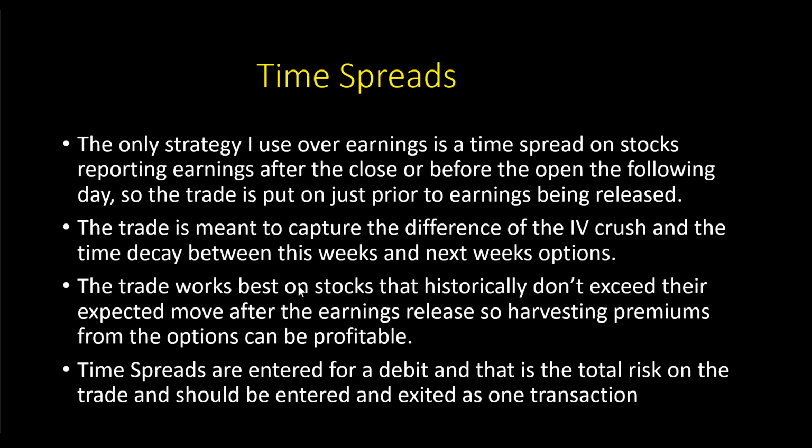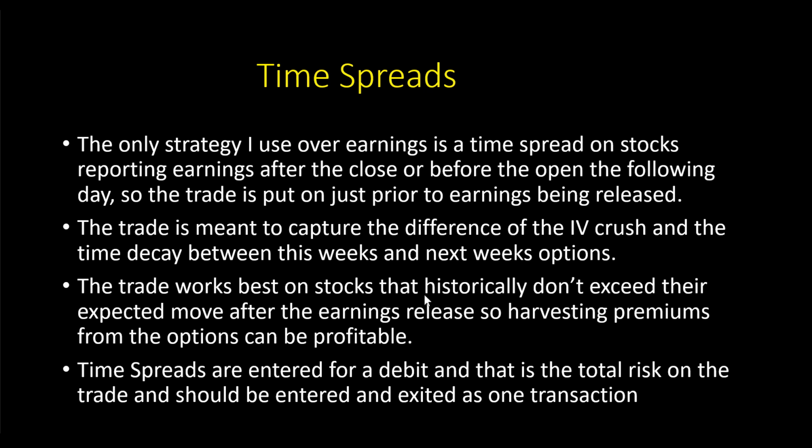Now, it works. This is important. The trade works best on stocks that historically don't exceed their expected move after the earnings release. Now, be careful here. When I say expected move, I'm not talking about whether they're beating earnings or not. It's not whether they had a good EPS or whether they beat on revenues. It means the stock doesn't move more than what the market makers are expecting it to move.